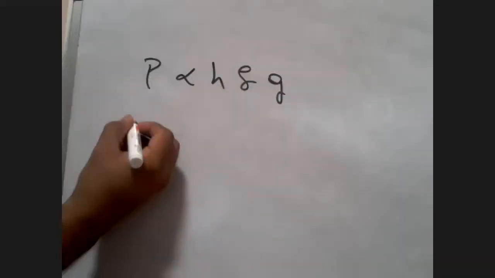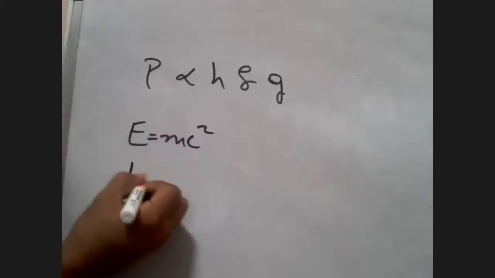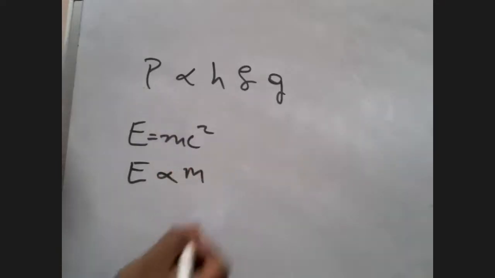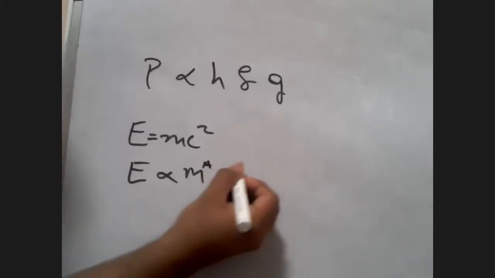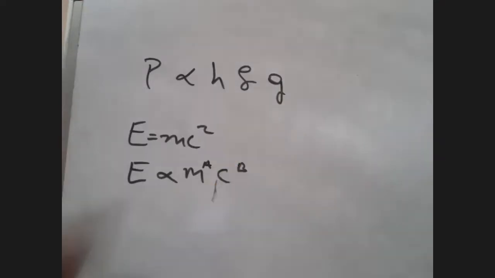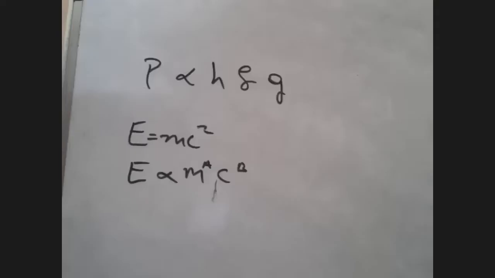For example, if I say that E is proportional to m and it is also proportional to C, but I have not mentioned A and B. Similarly, they have given a sum here. They have told you that pressure is proportional to some height, to some density, and to some value of gravity, but they have not given the dimensions.